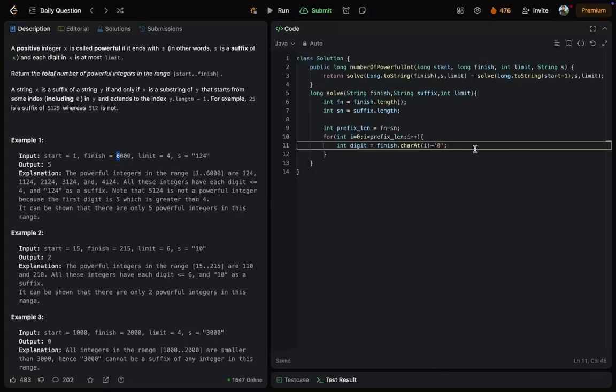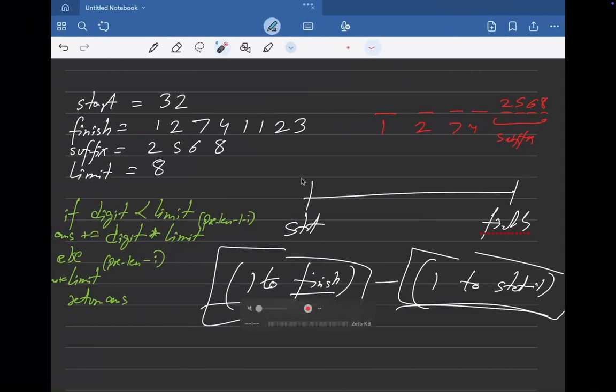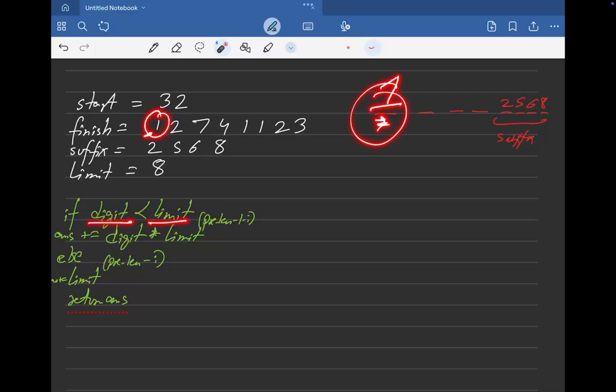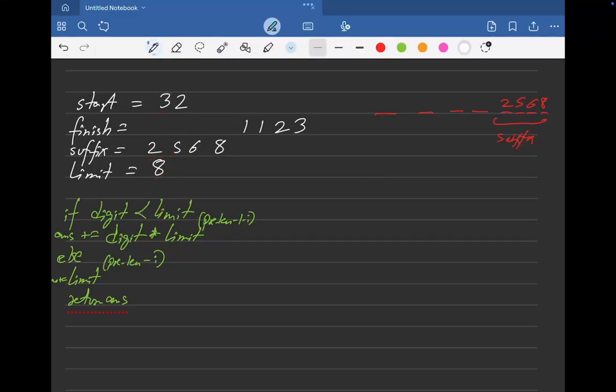So I need to figure out if, so let me commit here, yes. So I have this on this cell, I will first get this 1. So I have to figure out if my digit is less than limit. If my digit is less than limit, I have that many choices, right. So for simplicity, let me write 4 5 7 and 9 and 7, right.